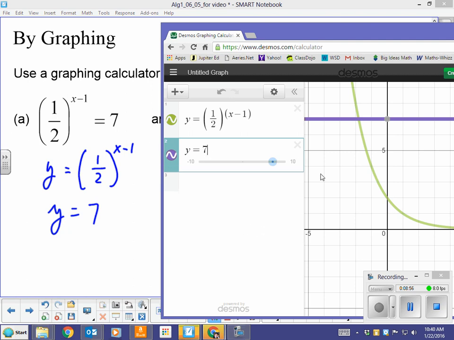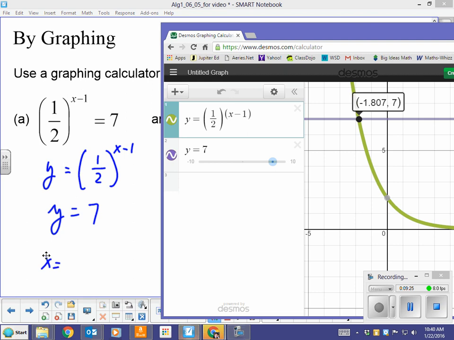Okay, so the point of intersection is our solution. So x equals -1.807.